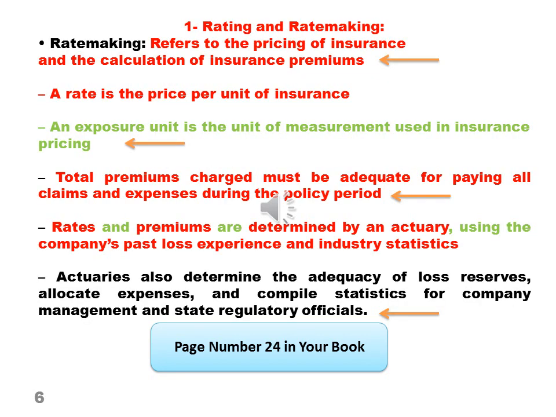Now I will go directly to the second part of this lecture. What is the meaning of the 6 parts in insurance company operation? We explained the declarations in detail, and the definitions in detail, and the insuring agreement, exclusions, conditions, and miscellaneous provisions.